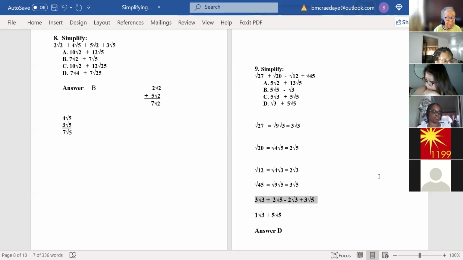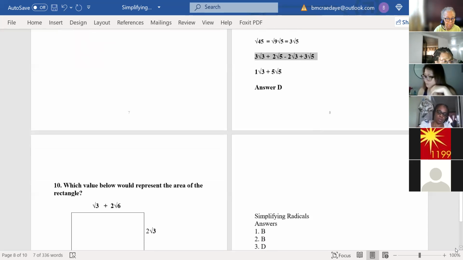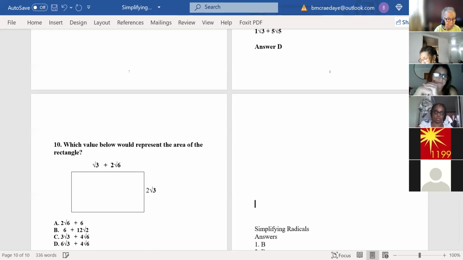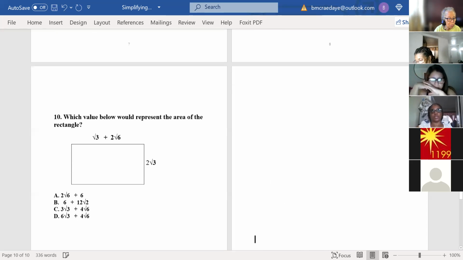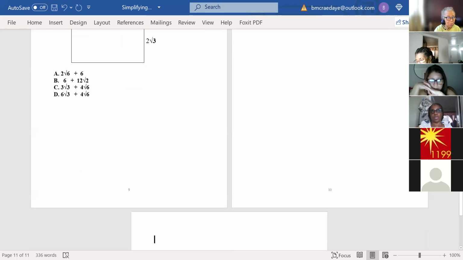Okay, let's look at number 10. Now, number 10 is an area problem. Everybody remember the formula for finding area of a rectangle? Alva, what's the area of a rectangle?